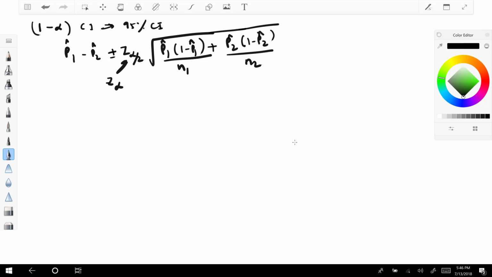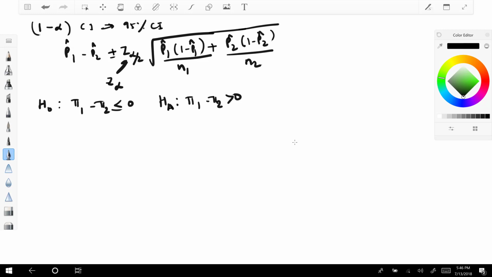Now let's write our hypothesis first. H null was pi 1 minus pi 2 less than or equal to 0. That was our section 1 and section 2 problem hypothesis, and our alternative would be pi 1 minus pi 2 greater than 0.